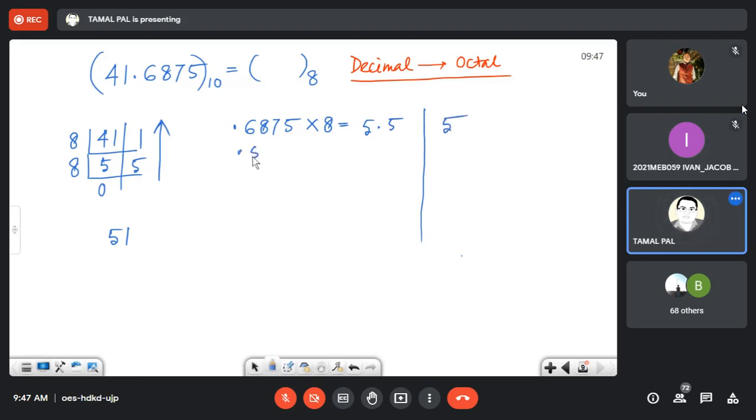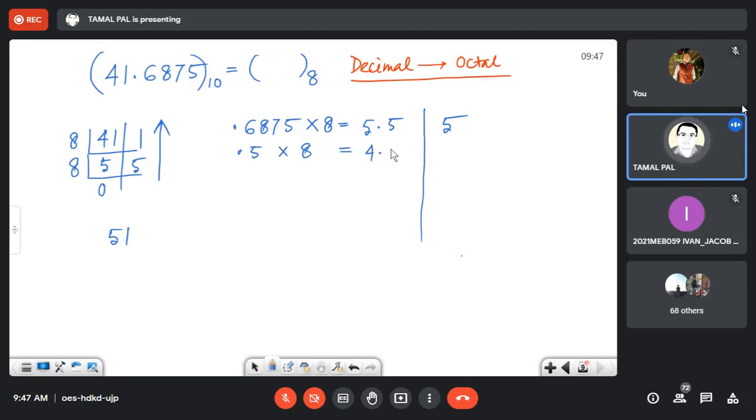Next, 4.0. The integer is 4. I don't need to continue anymore because 0 comes here, and 0 multiplied by anything is always 0. So reading from top to bottom, the number is 51.54. So this is octal.